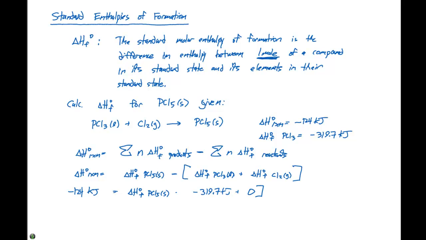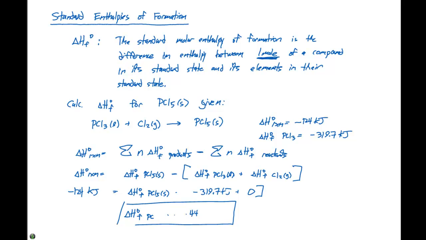So when we rearrange this equation and look at the algebra, we find that the delta H naught of formation for PCl5 is going to equal negative 443.7 kilojoules.